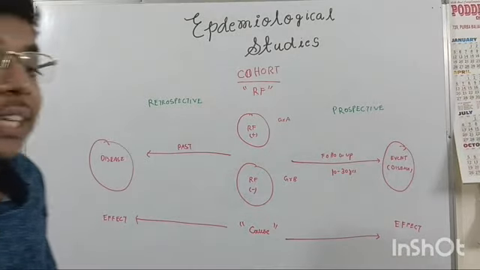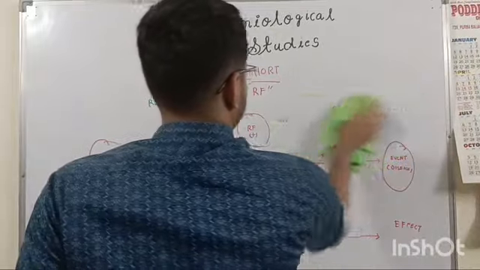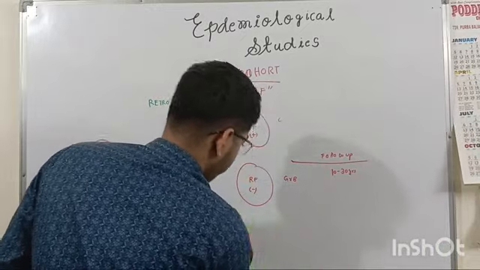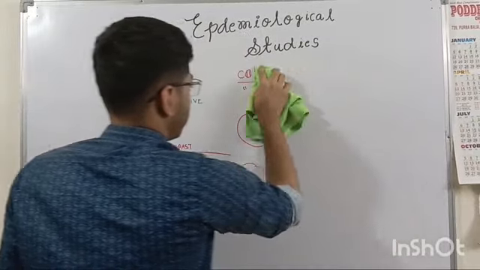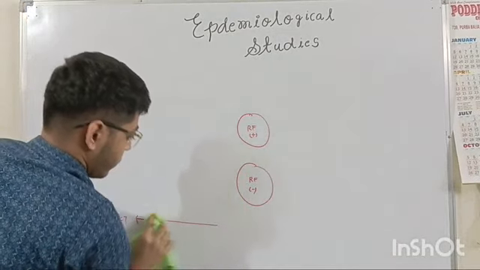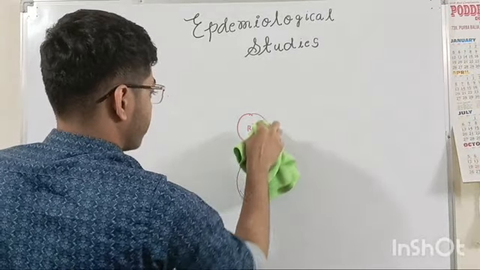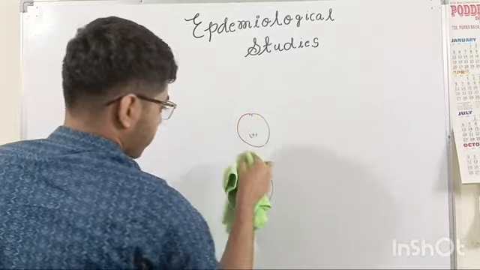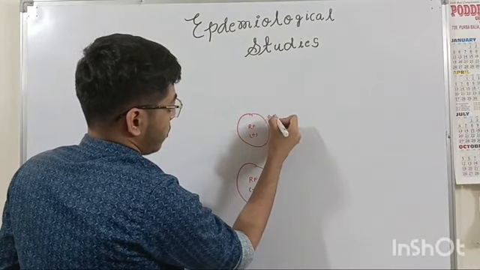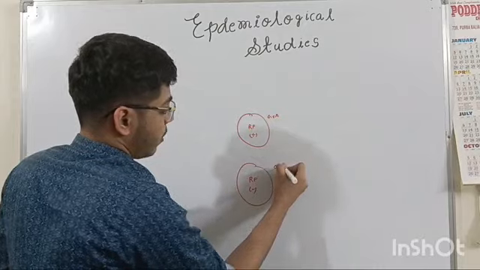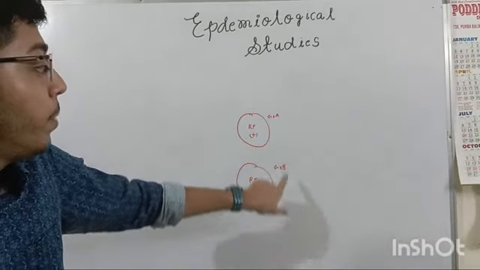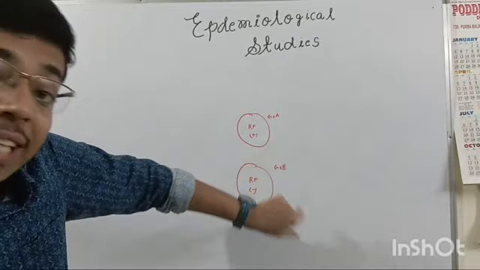So now let's have an example. For example, we are taking two groups, group A and group B. In group A, risk factor is present, and in group B, risk factor is absent.